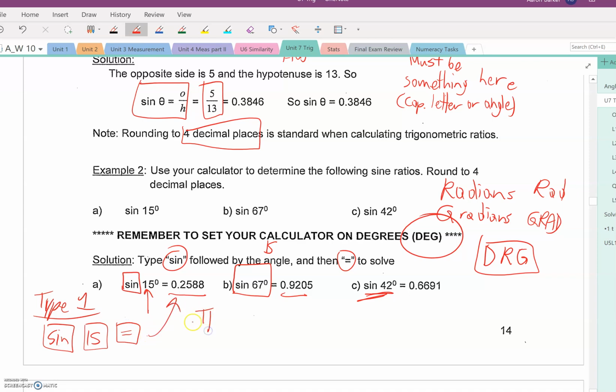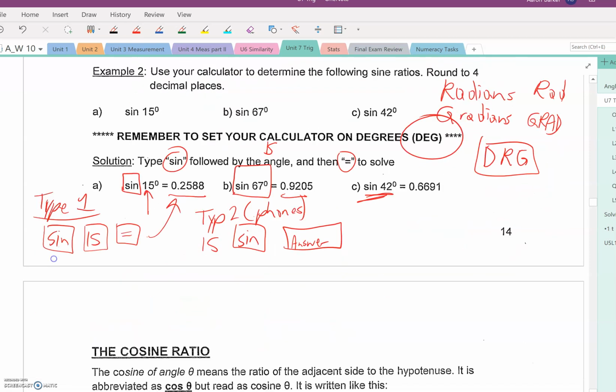For type 2 calculators, like your phones, you enter in your number, 15, then you press sine, and then you have your answer on your screen. So you don't have to press equals.